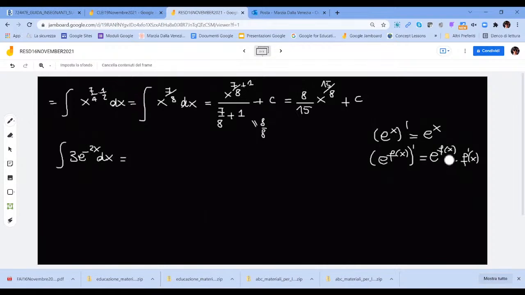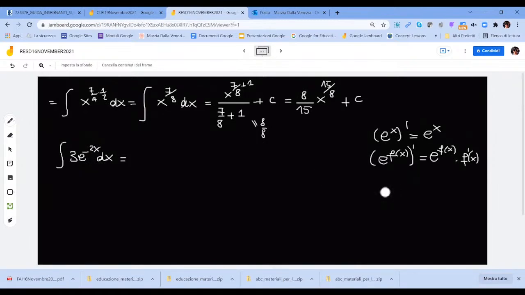That means that somewhere should pop out the derivative of the function that is in the exponent. So we have to take into account that this is not only x but a function of x.